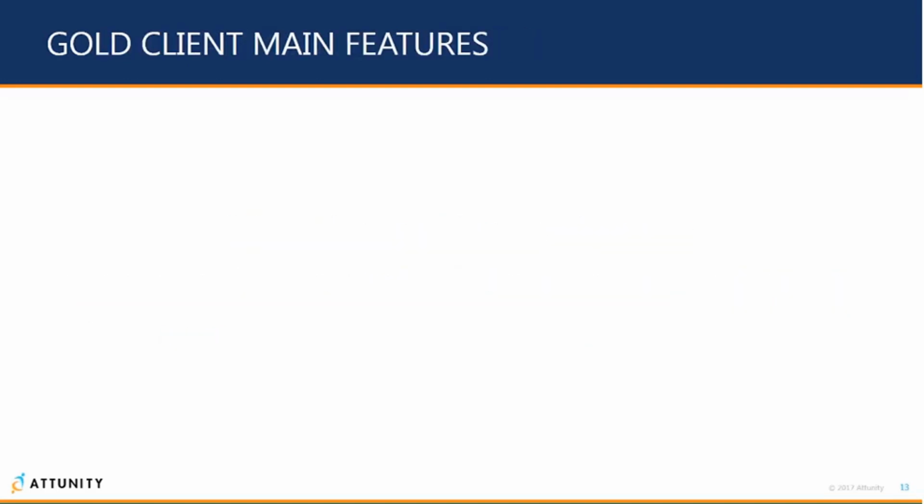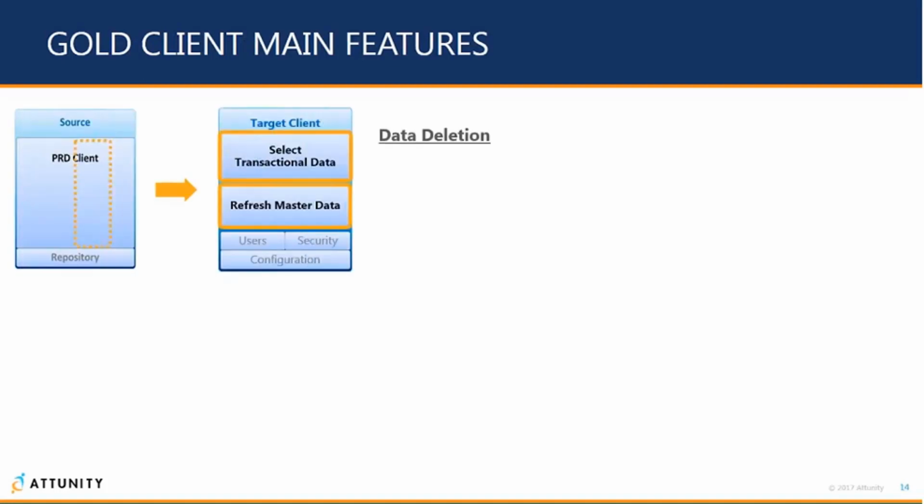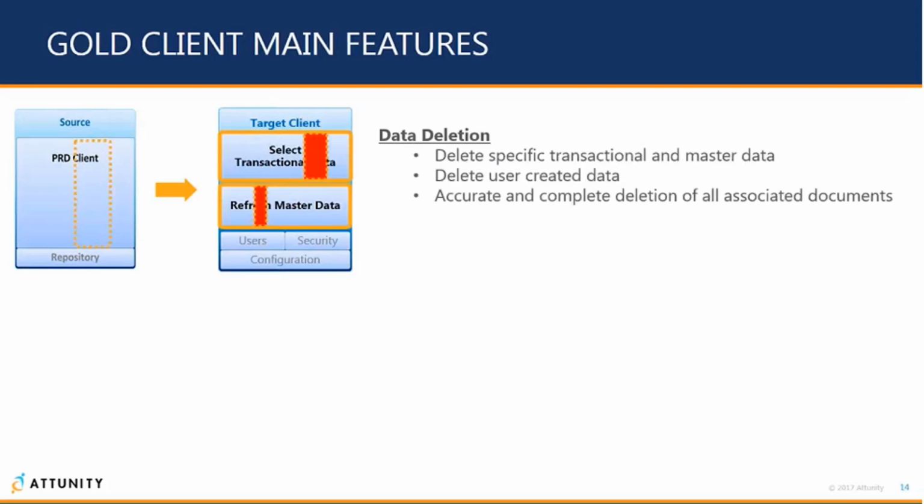Okay, so how do we support GDPR? Well, there are 2 main tools for doing that. The first one is the ability to delete data, which supports the right to be forgotten. Gold Client has the capability of deleting specific transactional and master data accurately and completely from your non-production systems.